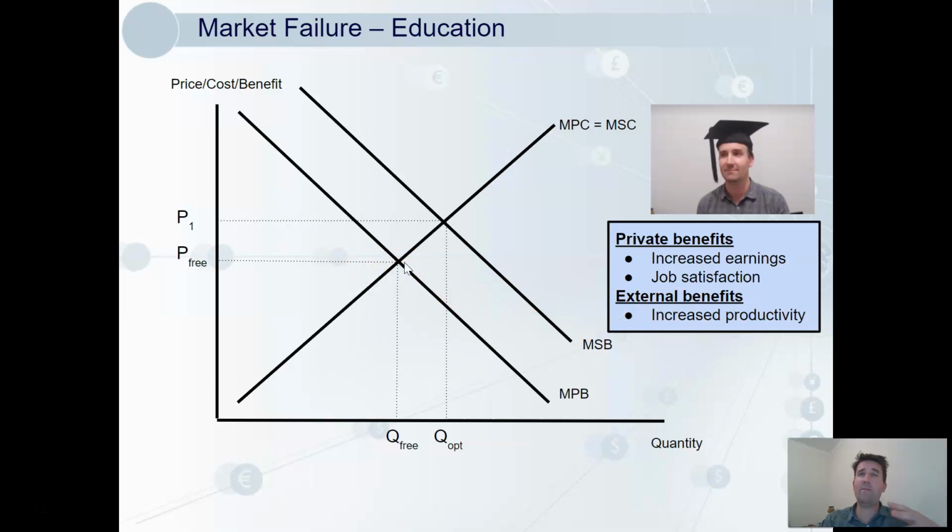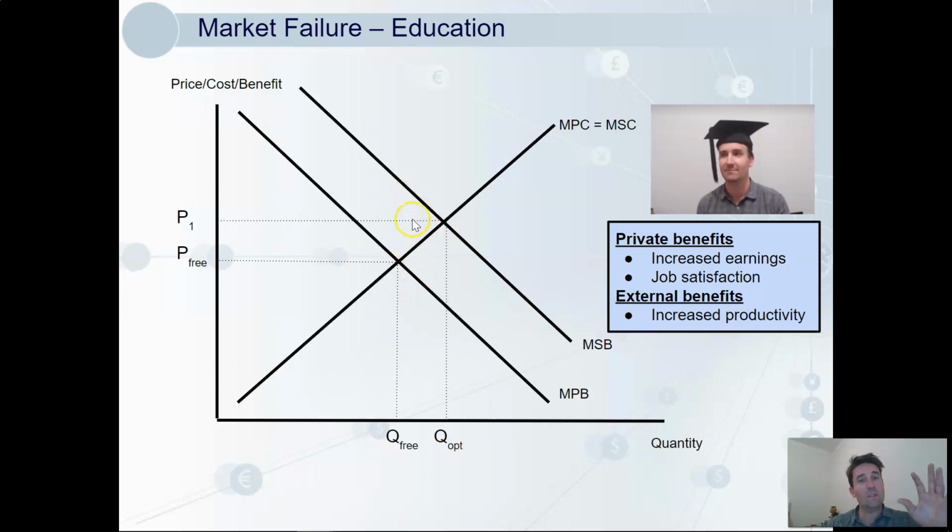At this point, however, we have allocative inefficiency from society's point of view. Marginal social benefits are greater than marginal social costs. Social benefits greater than social costs. A lot of you might say, well, that sounds fine. Having social benefits greater than social costs is a good thing. Well, not quite, because then there are all these quantities of education between Q3 and Q opt where the benefit to society is greater than the cost.